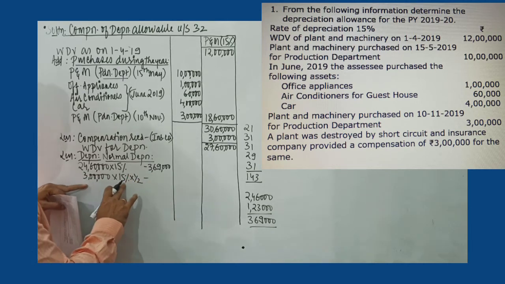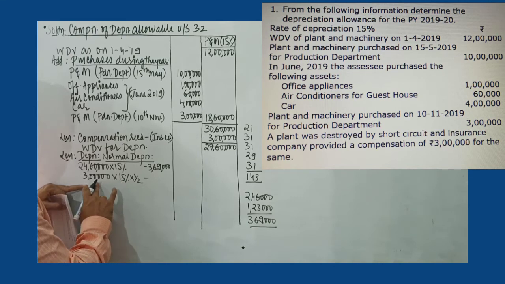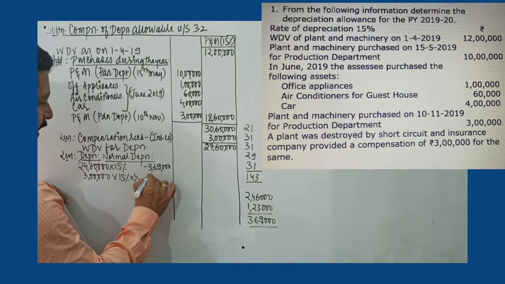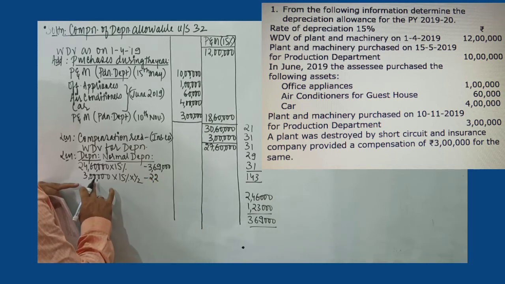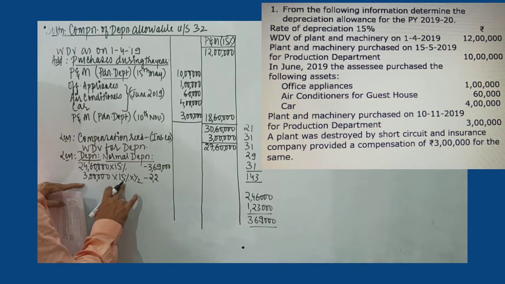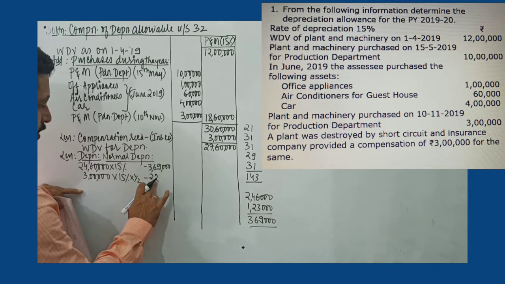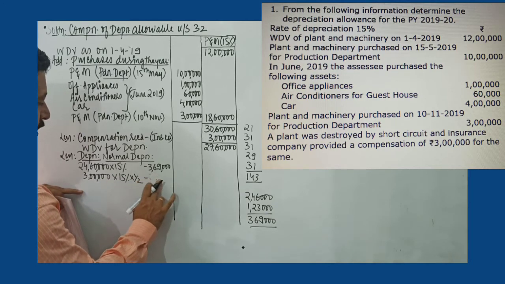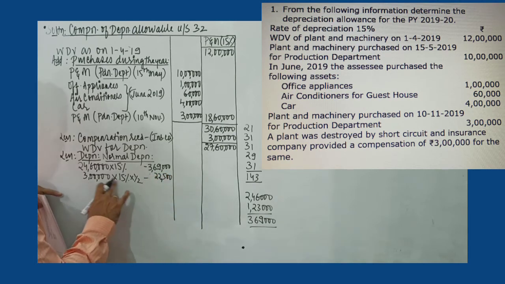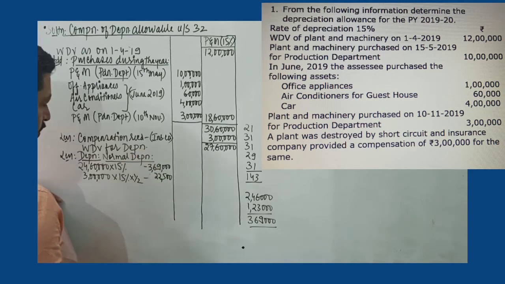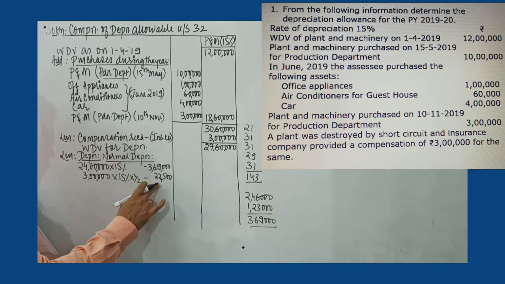So 3 lakh into 15% is 45,000, and half of 45,000 will be 22,500. 10% is 30, so 45,000, half of that is 22,500. Now this is normal depreciation.